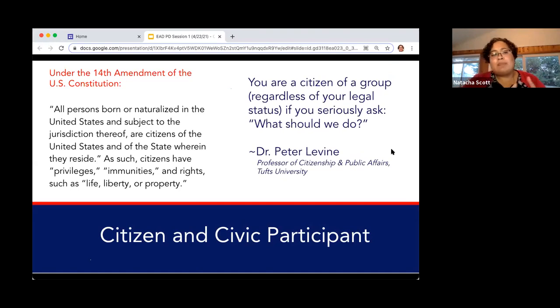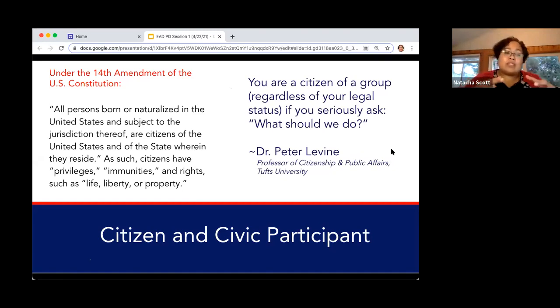Now, as we think about this legal definition of citizen, and we think about the students sitting in front of us within our classroom, we know that we have a very vast representation of our community and of students. Some students have legal status, some students do not.